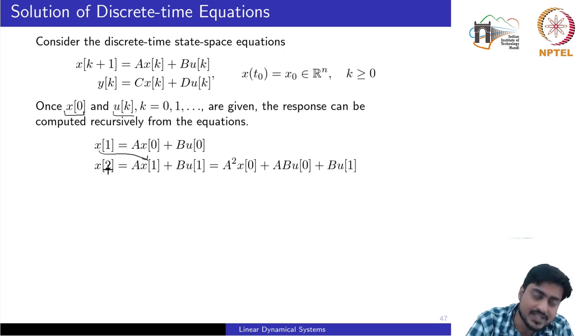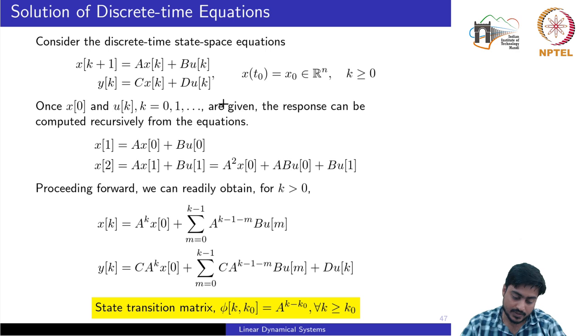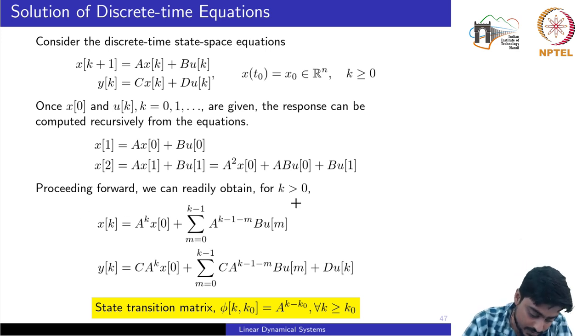So I can parameterize all the solutions of the state equation in terms of the initial conditions and the u of k for all k starting from 0 up to the current time. Now proceeding forward, we can readily obtain for k greater than 0 this part.